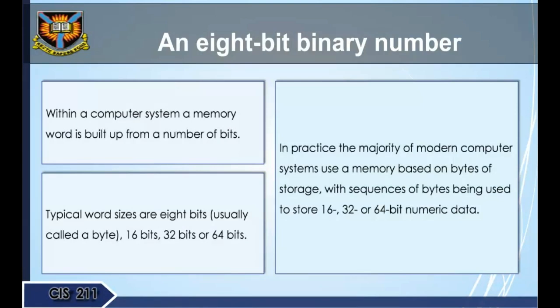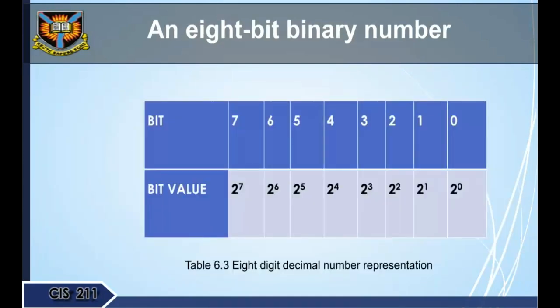Within a computer system, a memory word is built up from a number of bits. Typical word sizes are 8 bits, usually called a byte, 16 bits, 32 bits, or 64 bits. In practice, the majority of modern computer systems use a memory based on bytes of storage, with sequences of bytes being used to store 16, 32, or 64-bit numeric data.